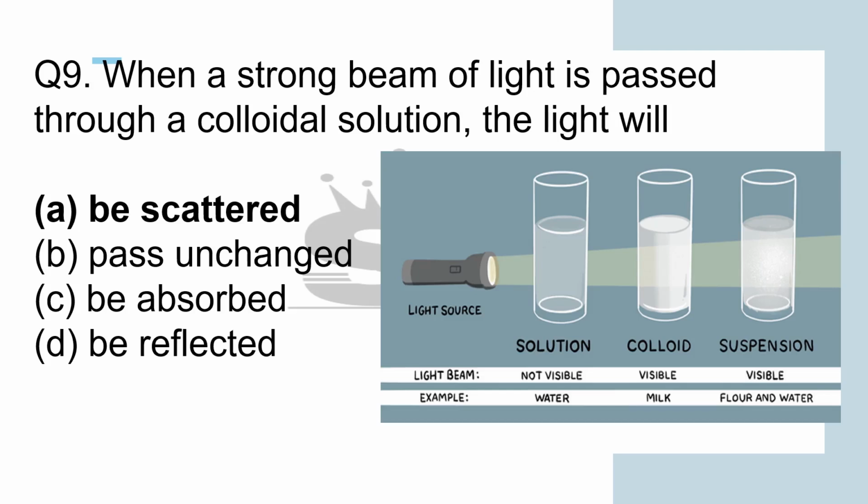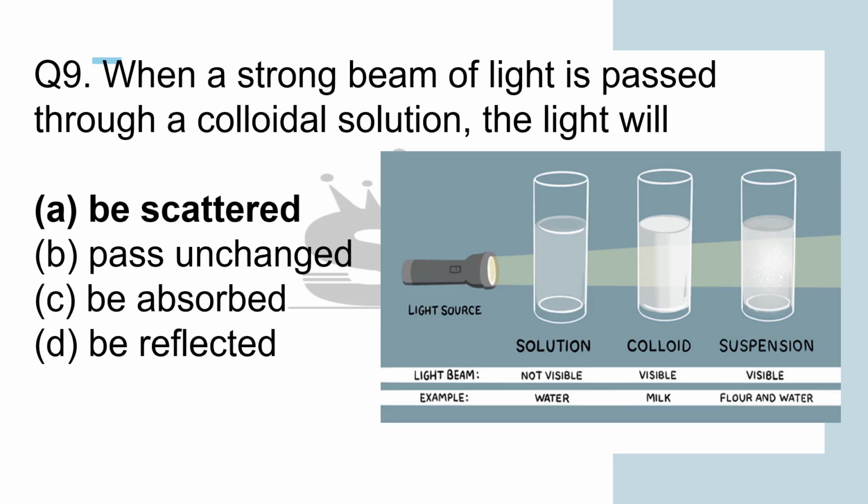Okay. When a beam of light is passed through a colloidal solution, then scattering of light is observed. It's also known as Tyndall effect. The scattering of light illuminates the path of the beam in the colloidal solution. Okay.